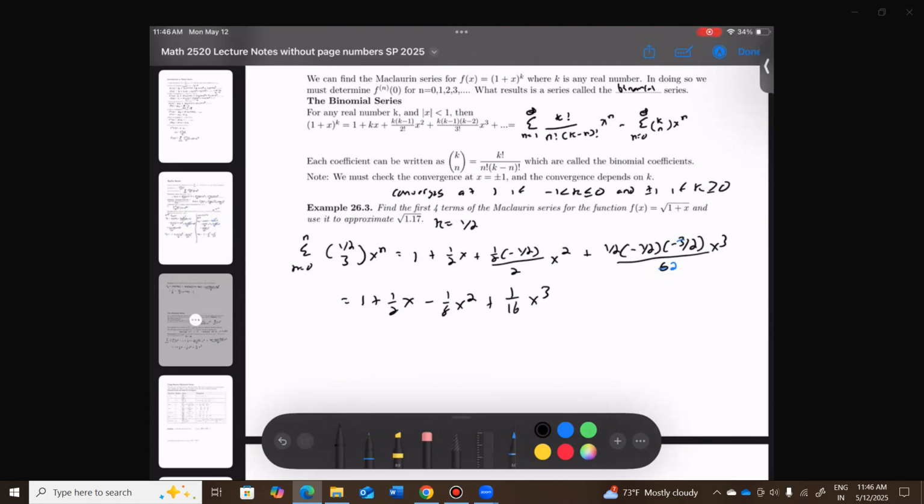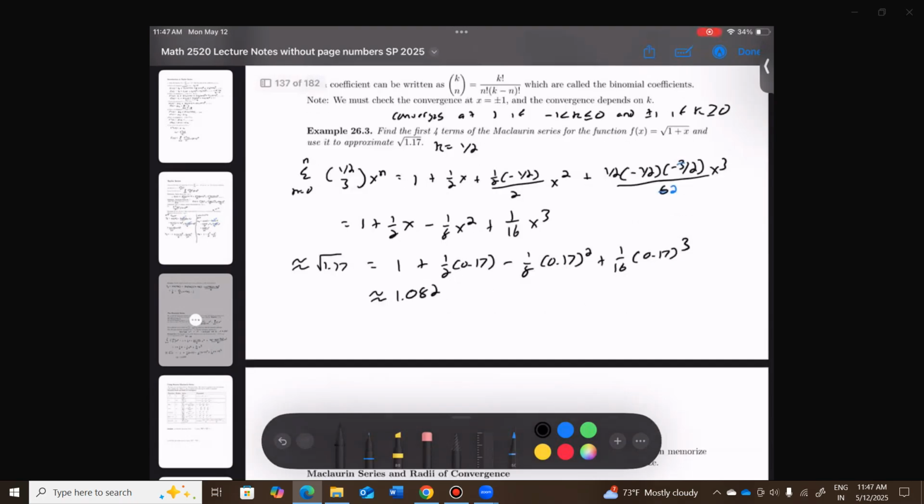So with this, for the approximation of the square root of 1.17, you'll have 1 plus 1/2 times 0.17 minus 1/8 times 0.17 squared plus 1/16 times 0.17 cubed, and that's going to give you roughly 1.082.